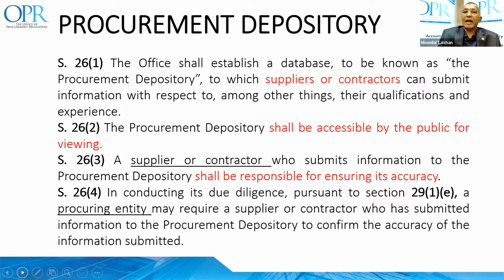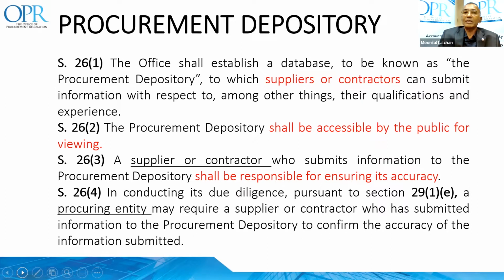So you cannot have your own list of pre-qualified contractors as a public body. There is only one list that will be used for accessing suppliers and contractors, and that will be held by the OPR. The public body will have access to do the pre-qualification, but it will be held at the OPR, and that database is already active.